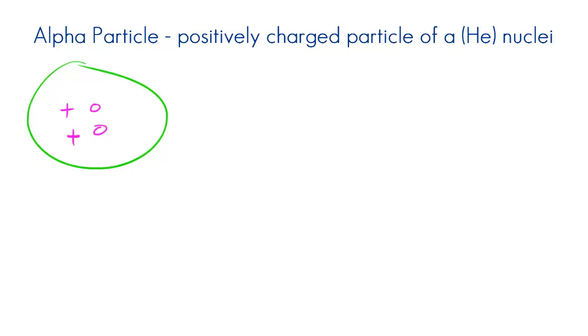So the formula for an alpha particle is 2 protons plus 2 neutrons plus 0 electrons. Pretty weird, huh? Since you have two positive charges and no negative charges, you have an overall +2 charge. And whenever you have a positively charged ion, it's technically called a cation.